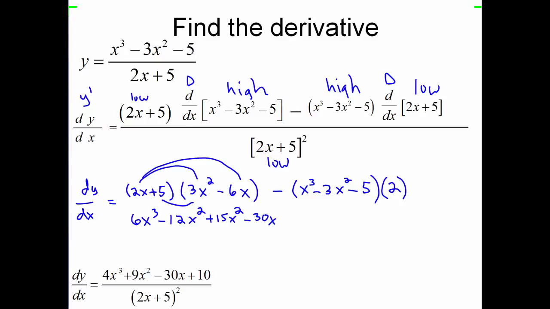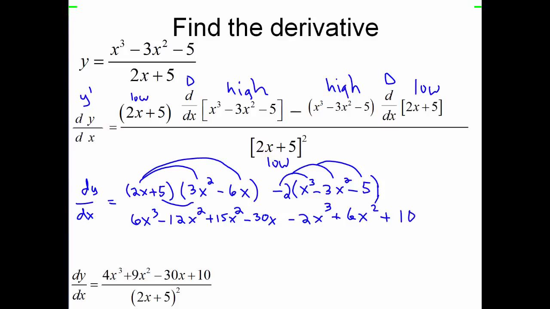Now over here, let me just take this 2 and move it to the front here. Okay, so you notice we have this minus sign, so I'm going to take the 2 and move it over here. And then I'm going to distribute a negative 2, so I'm taking into consideration the minus sign already. So we get negative 2x to the third, plus 6x squared, and then plus 10.